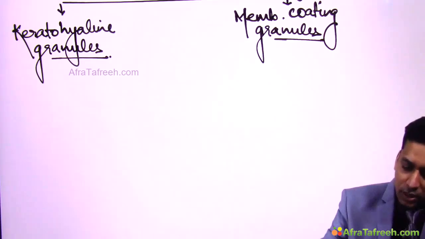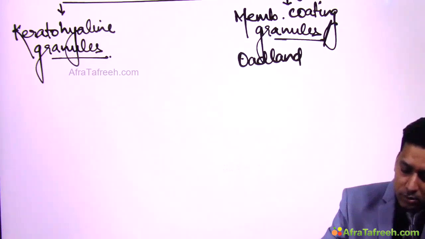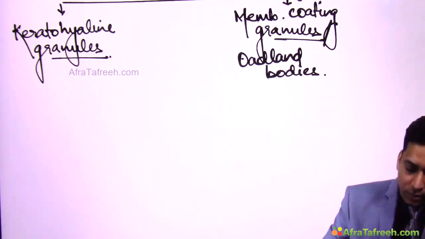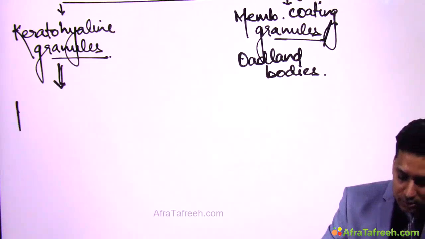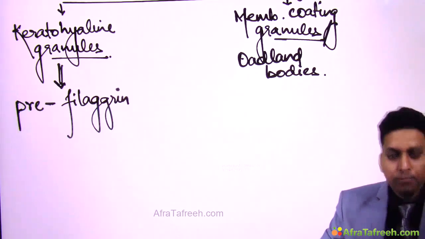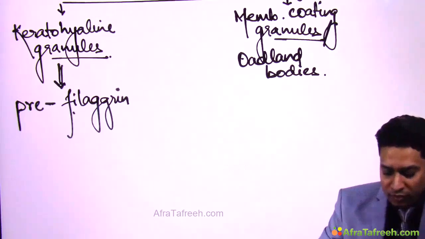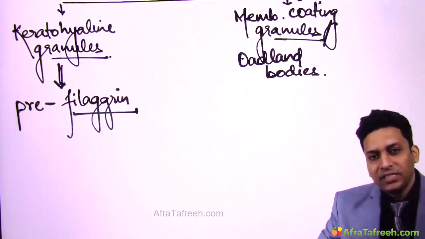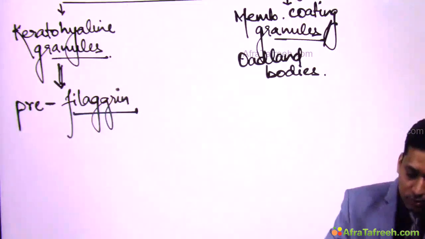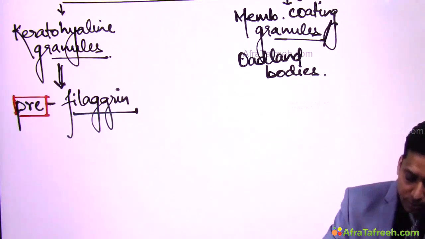Membrane coating granules are also known as Odland bodies. Now this keratohyalin granule synthesizes pre-filaggrin. Filaggrin is a protein and this pre term is added to it because this is a precursor molecule for filaggrin. So pre here is for precursor.